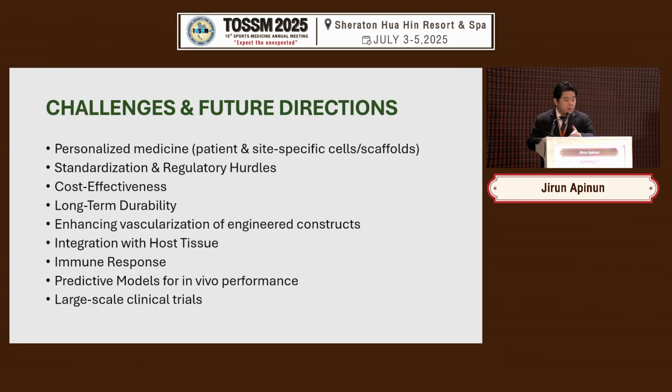Immunogenicity also needs to be taken into account. And when we have done everything, how do we know that their performance in vivo will be good? So we need a better predictive model, and we need to move all of this out of the lab to clinical trials.